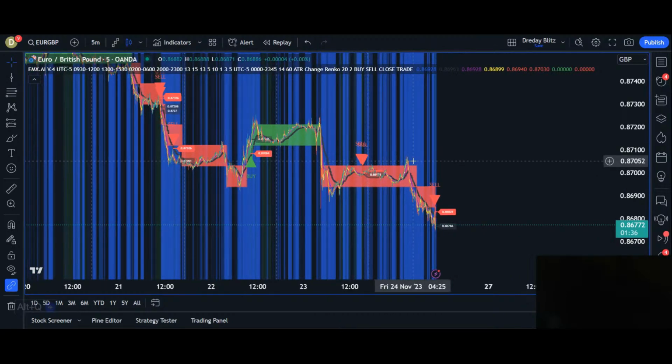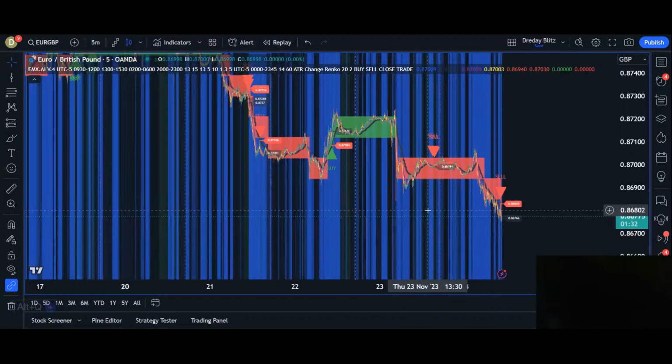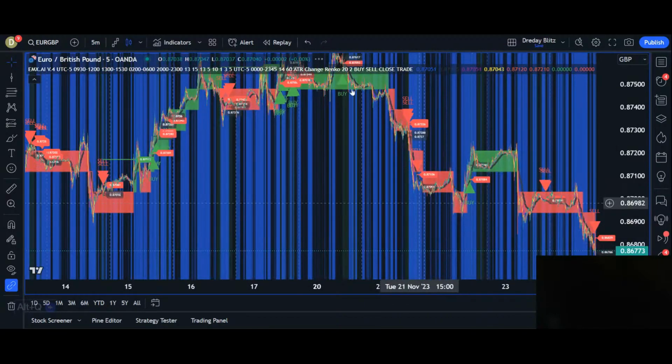And it's still selling right now. Why? Because Euro USD and GBP USD are bullish, and I'm pretty sure because this is Euro GBP, that means that the British pound is stronger than the Euro.